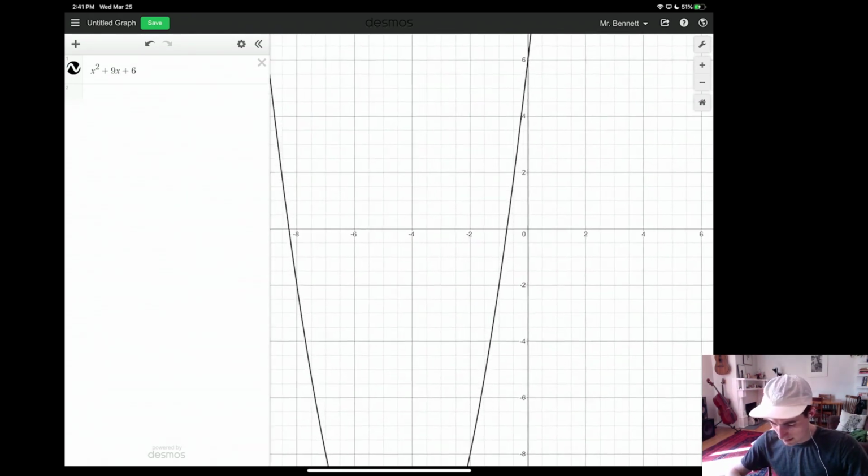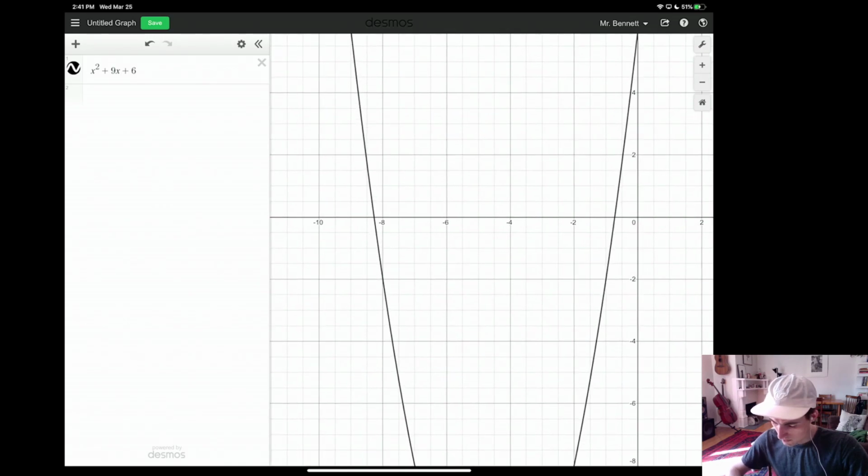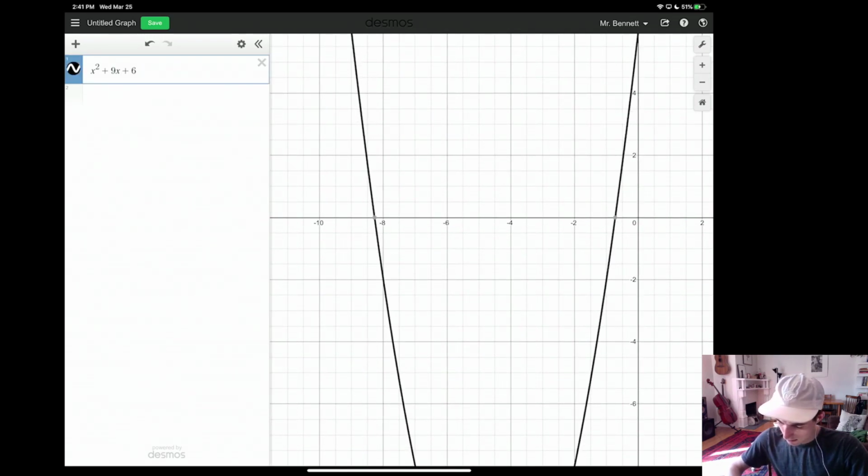We have exactly 2 roots. We've got one here and we've got one there. Keep in mind that we didn't calculate what those roots are. We know now that we've graphed them, but the algebra that we've done so far doesn't tell us what those roots are. It just tells us that we have 2.